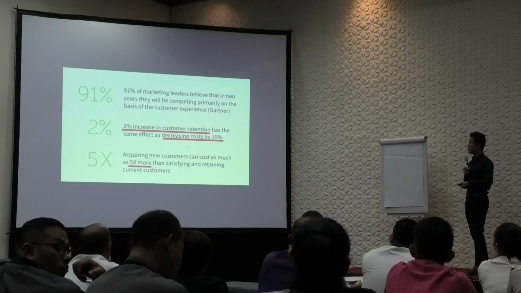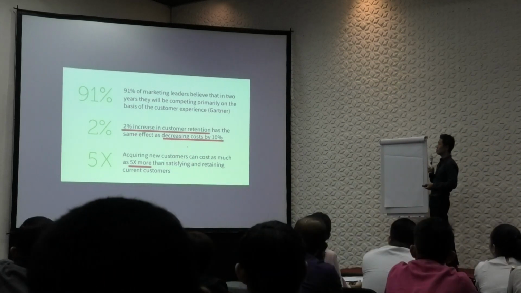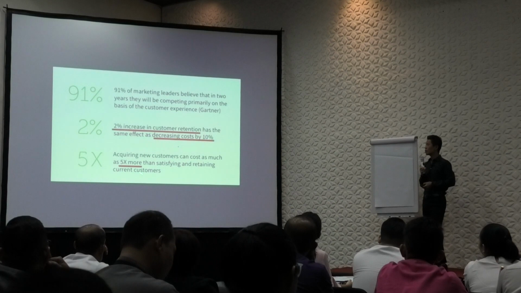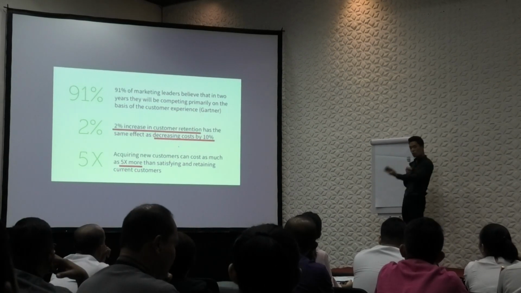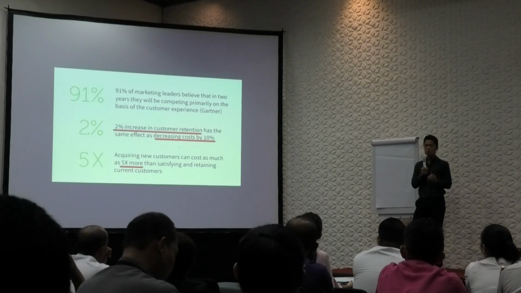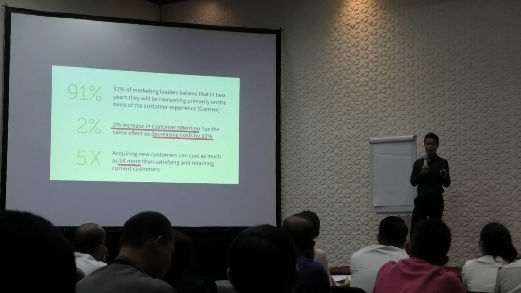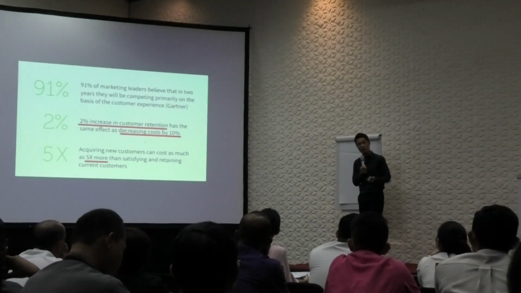And also it says getting new customers can cost as much as 5 times more than satisfying and retaining a current customer. When we have an existing guest and a new guest, if we use the same amount of effort and money, the effect is 5 times bigger for the existing customer. Okay?